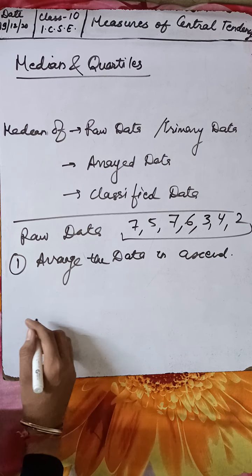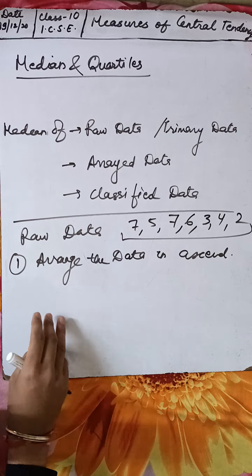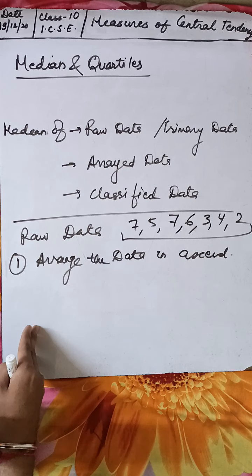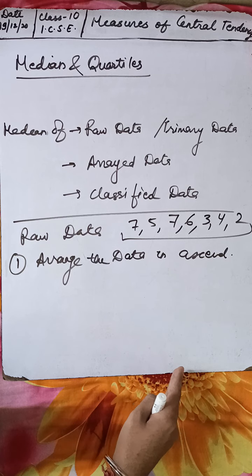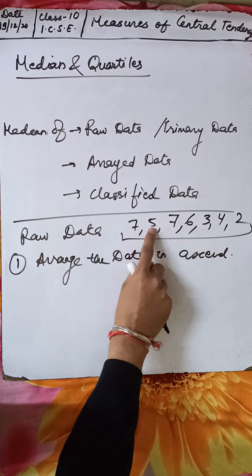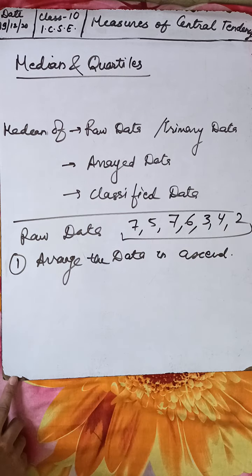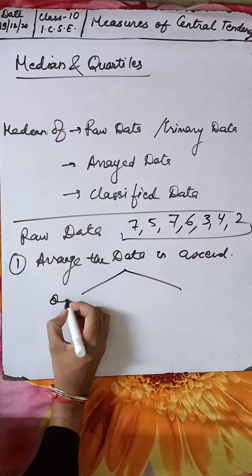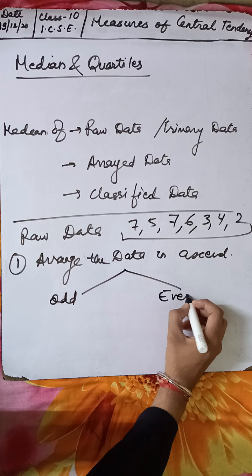Then comes the main thing: we count our data and check whether it is an even case or an odd case. As I can see, 1 2 3 4 5 6 7, so this is an odd case. For odd and even, you have different formulas. Let's see how.